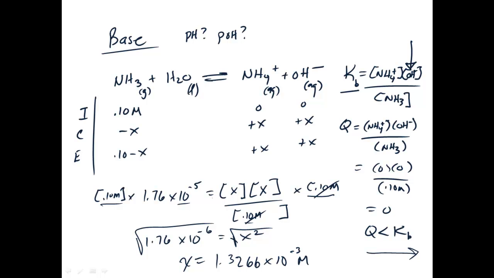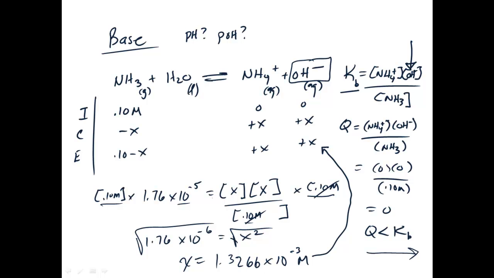So the question was, what is the pH and what is the pOH? Well, let's find out what X represents. So we go back up to our balanced ice table, and we see X doesn't represent the hydrogen ion concentration. It represents the hydroxide ion concentration at equilibrium.